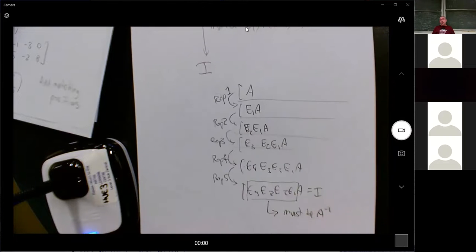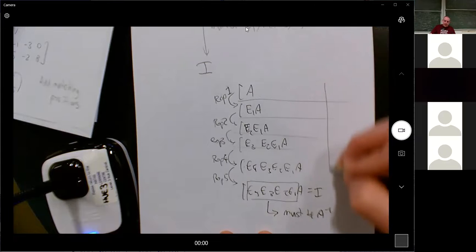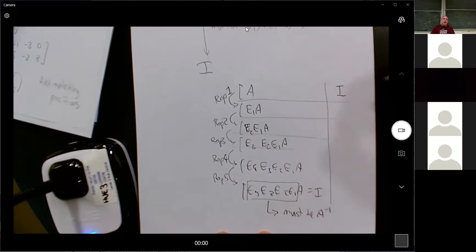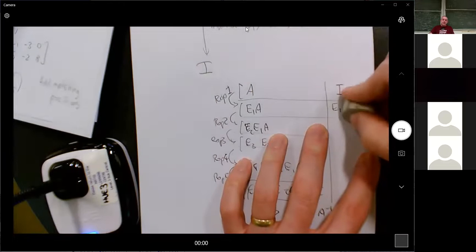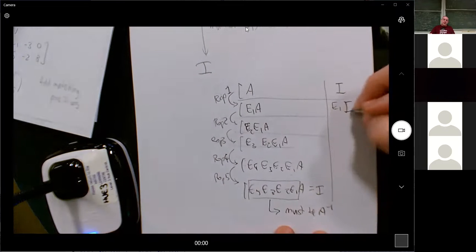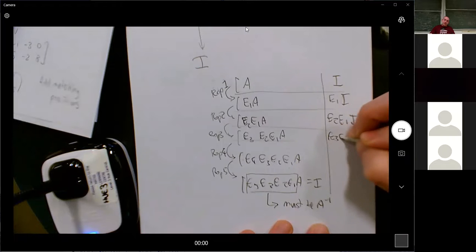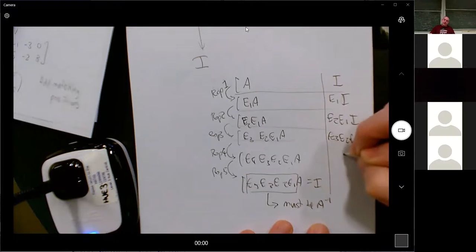But it also proves something nice, which is if they started with I and did this row operation, that would be E1 times I. And then if I did the next row operation, that would be E2 times E1 times I. And that would be E3 times E2 times E1 times I, and so on.